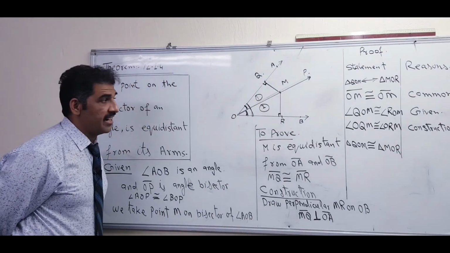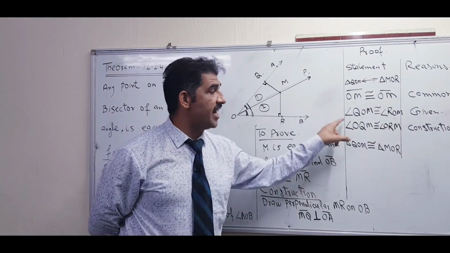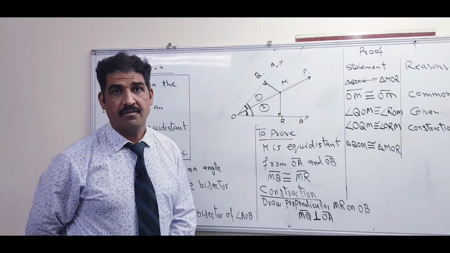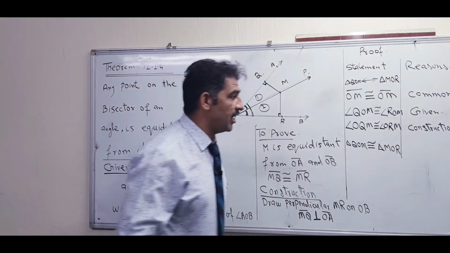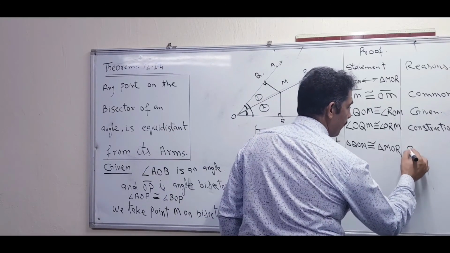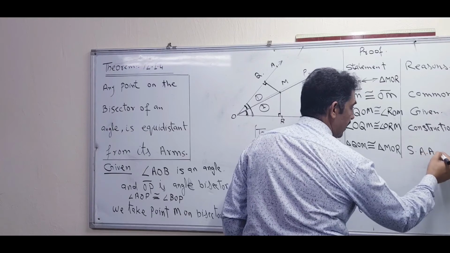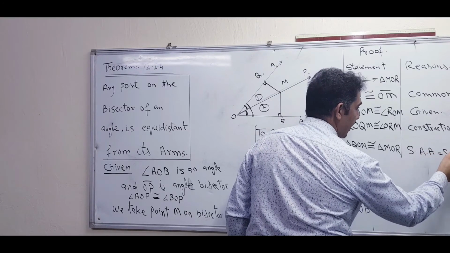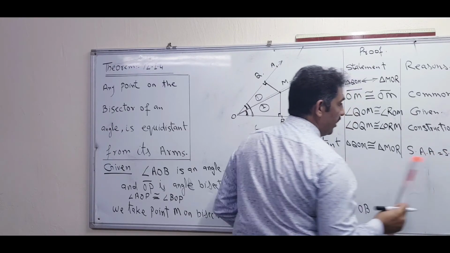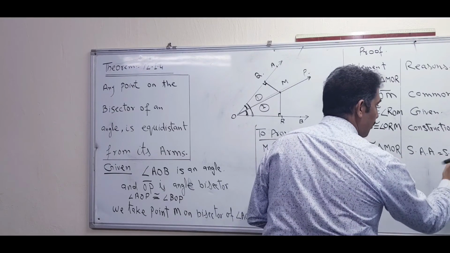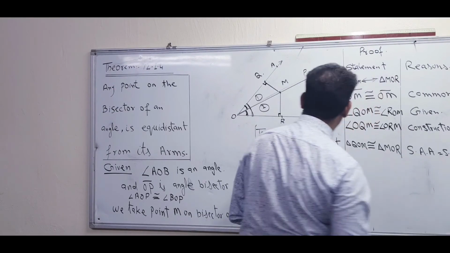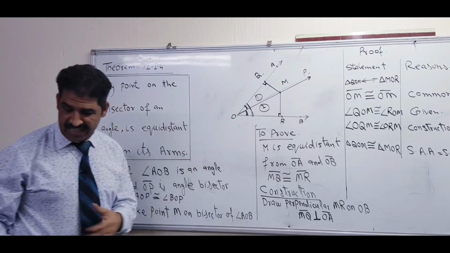The reason is that here we are taking one side and two angles. One side and two angles. So you will write side angle and here also side angle. It means the one side and two angles of both triangles are congruent. So you will write the reason of that one: side angle.